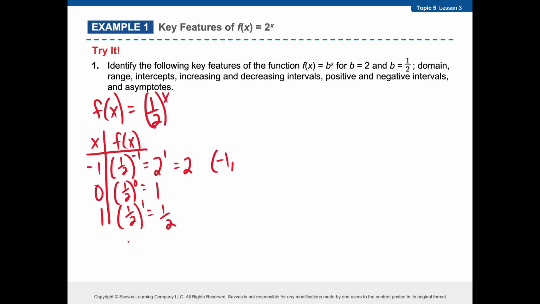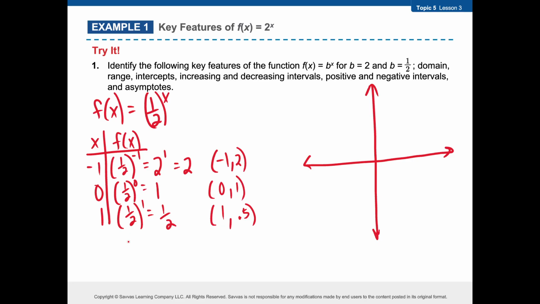So these ordered pairs are -1, 2, 0, 1, and 1, 1/2, but in order to graph it, let's just put 0.5. So now I draw my graph. -1, 2, 0, 1, and 1, 0.5.